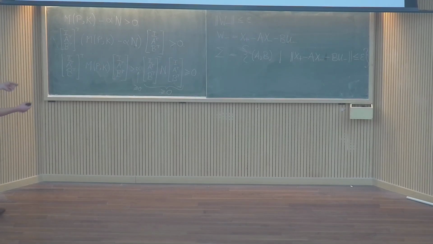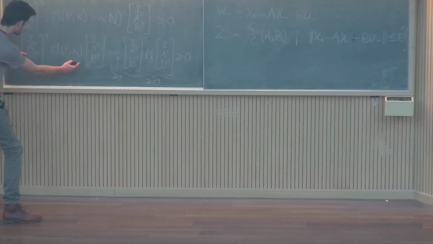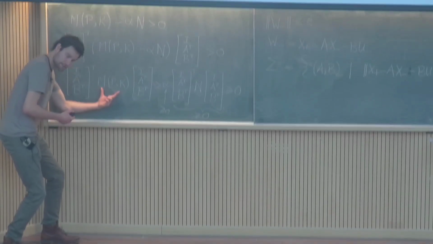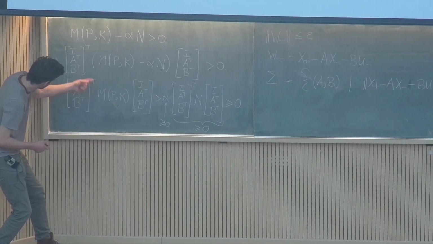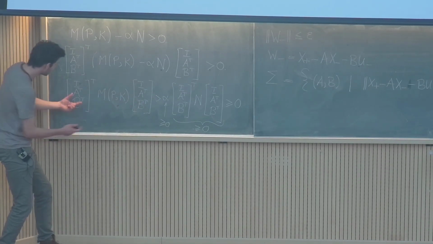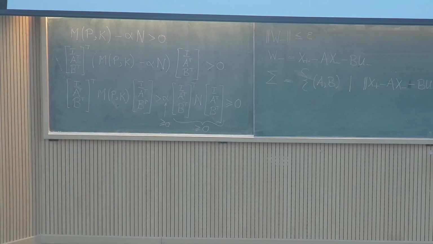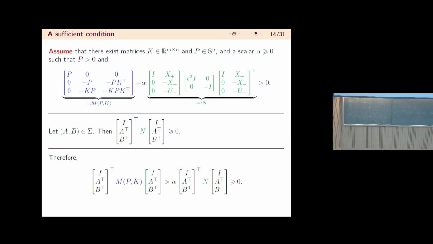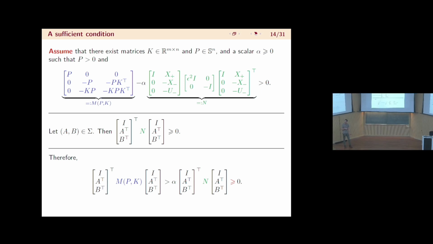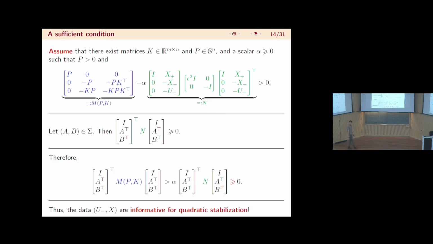Great. So the conclusion then is this matrix M multiplied with identity A transpose B transpose and the transpose of that is a positive definite matrix. Because it's greater than some matrix which is positive semi-definite. Which means that for this system AB consistent with the data, indeed our Lyapunov inequality is satisfied. So the data are informative for quadratic stabilization.